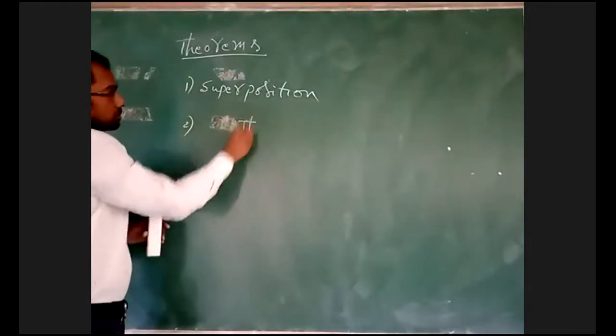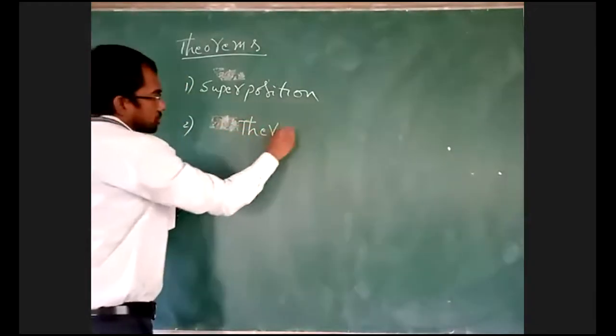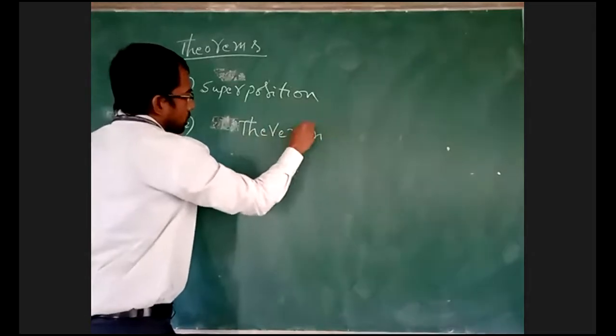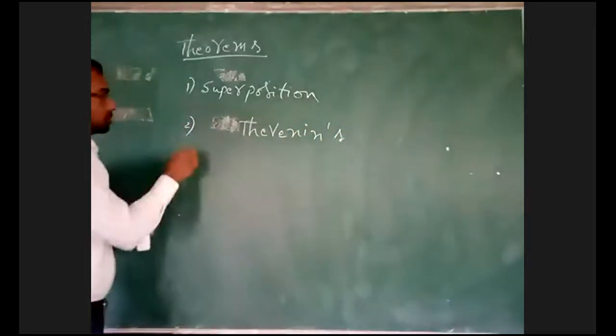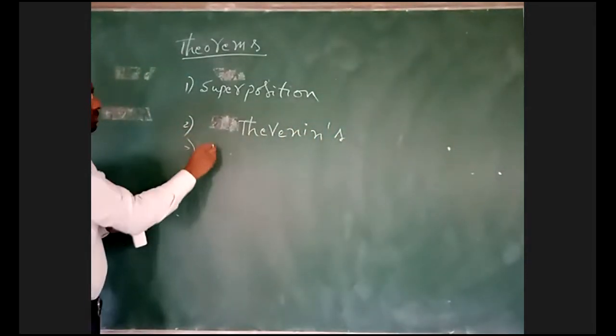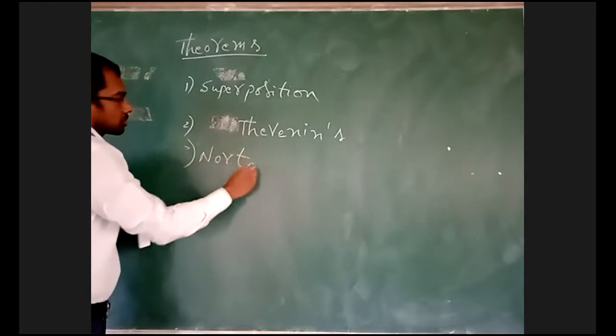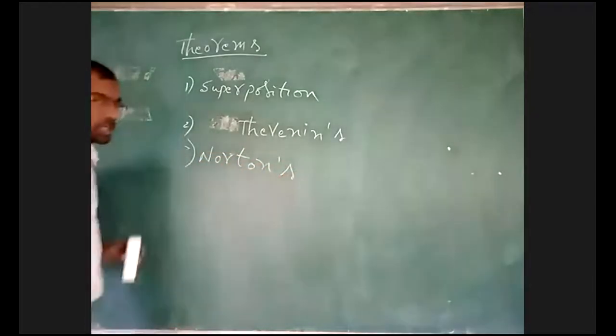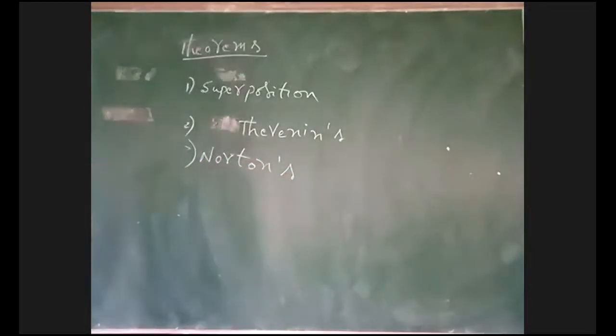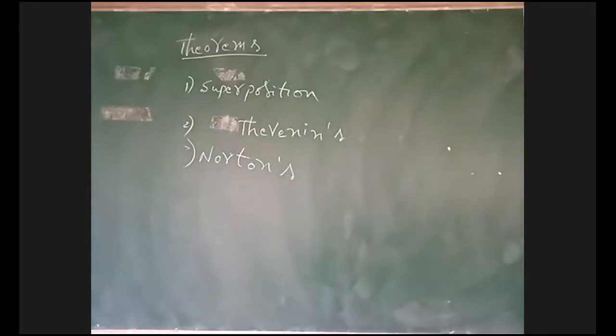Second one is Thevenin's theorem. Third one is Norton's theorem. Three theorems are there. First one, superposition theorem. Second one, Thevenin's. Third one, Norton's.